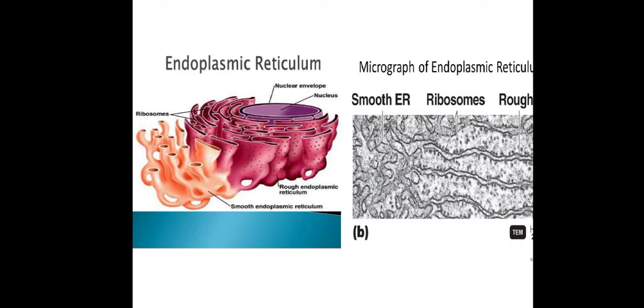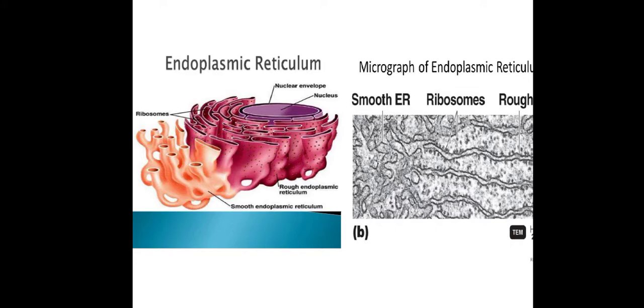You can see the sac-like structures, which are called cisternae. And when you see the light orange color, these are like tubes. These are called tubules.